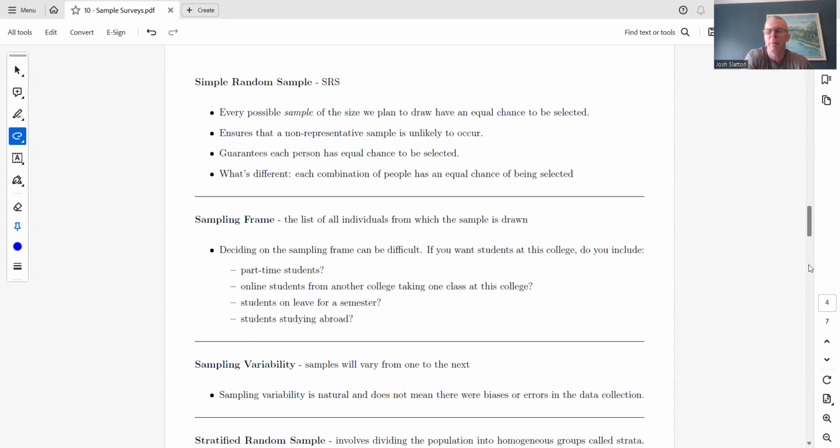Ensures that a non-representative sample is unlikely to occur, guarantees each person has equal chance to be selected. And in this case, compared to the ones that we're going to look at, each combination of people has an equal chance of being selected.